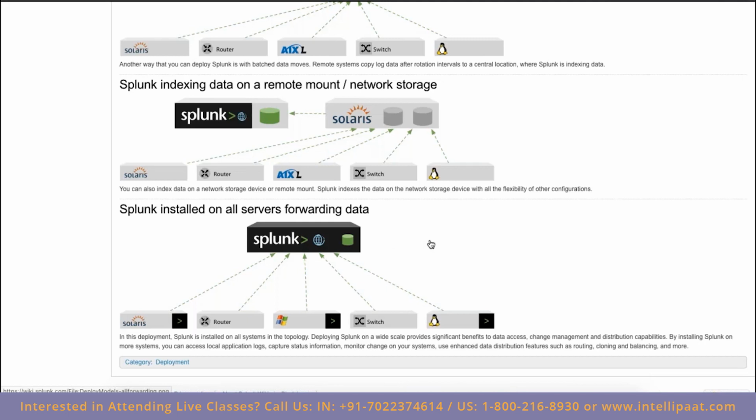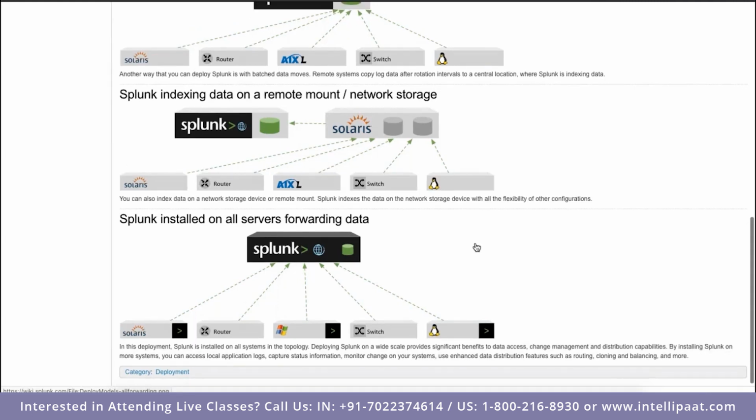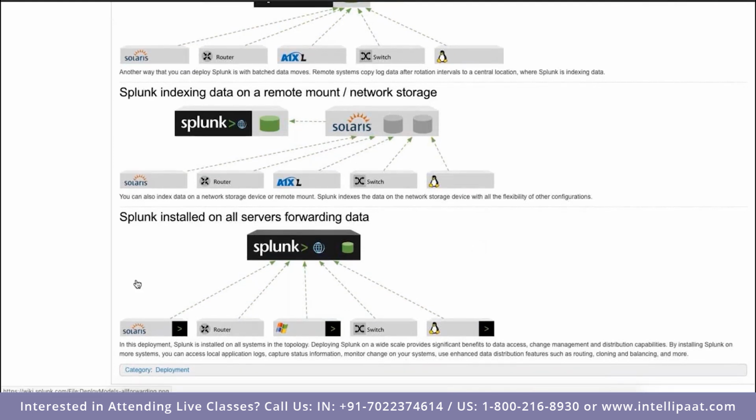Chinmay, which component do we need to install on Solaris or Windows? Splunk forwarders, exactly. In the case of Solaris and similar systems, you can do simple syslog forwarding also. When you install another application, you have to take care of the system's load and performance.